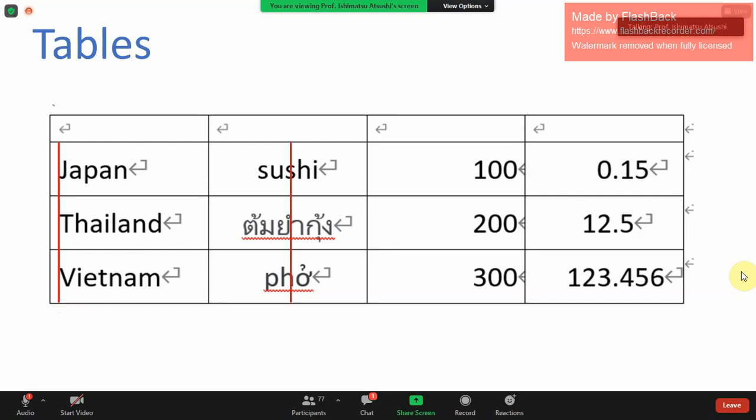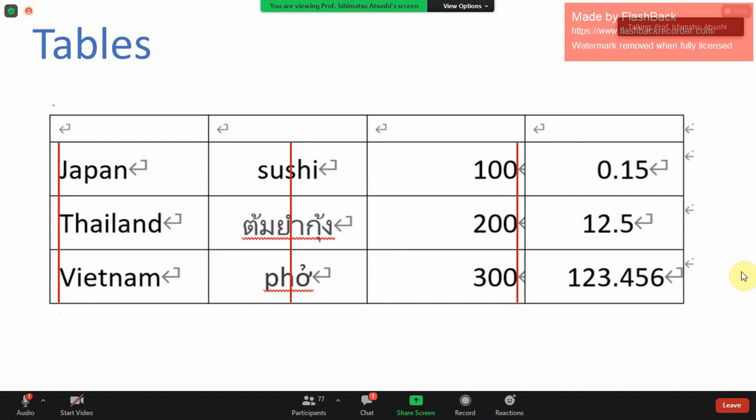And when you have whole numbers, like here, the second from the right column, 100, 200, 300, they should be flush right, okay?